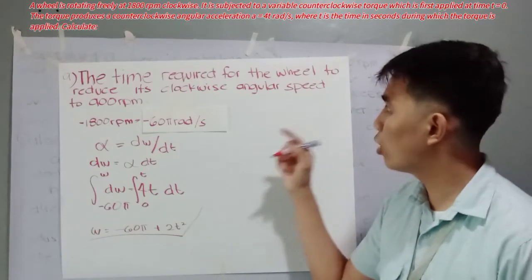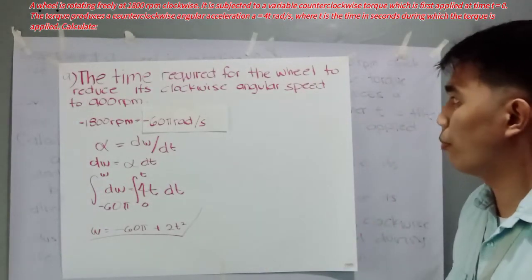So, the time required for the wheel to reduce its clockwise angular speed to 900 rpm.